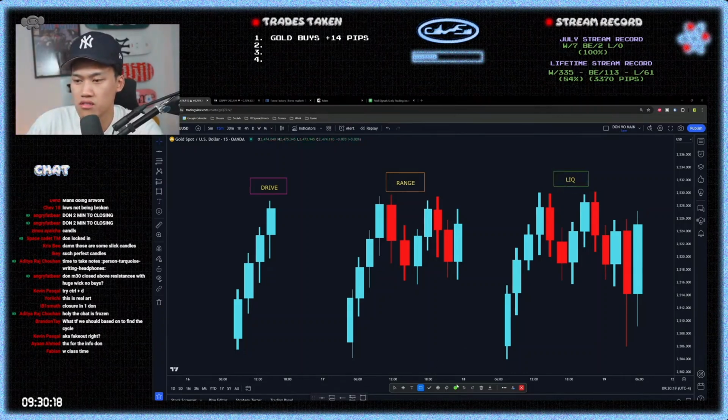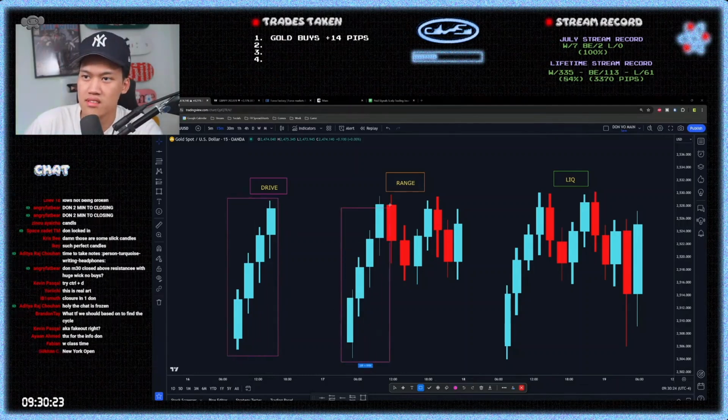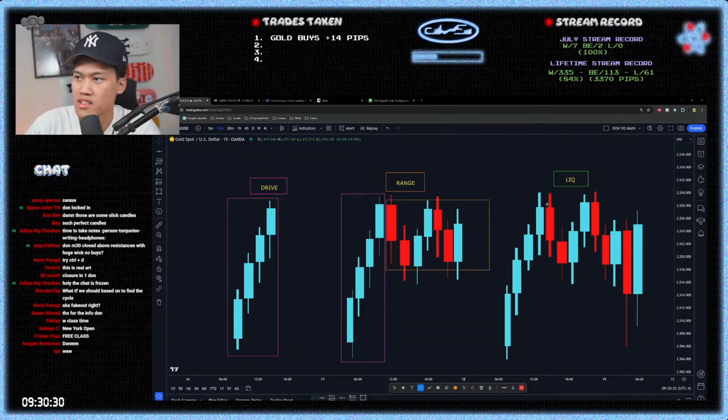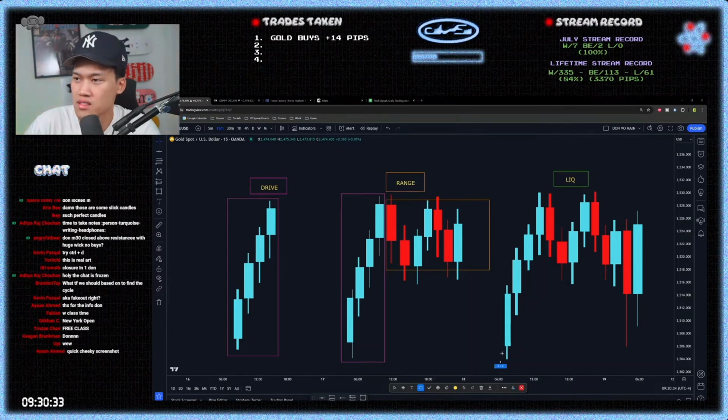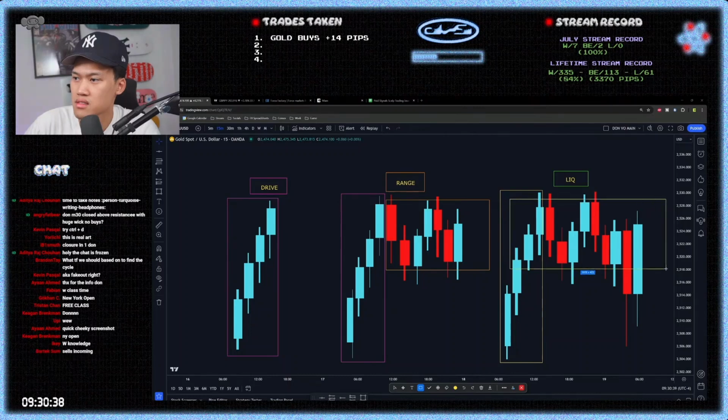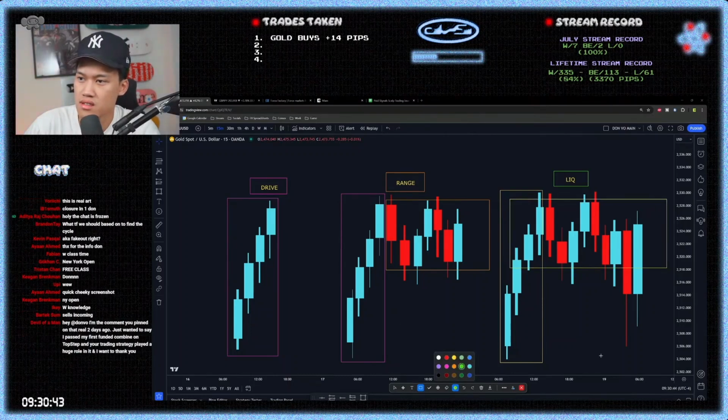All right, so drive is this. Range now is this. Liquidity now is this. So obviously this is drive, this is range, that's liquidity. So that's the 3 market cycles.